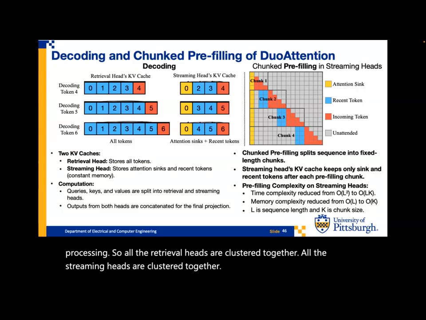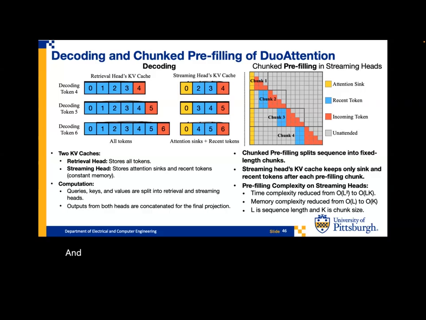In the decoding stage, retrieval heads use full attention. For the streaming heads, we use the attention sink plus the recent tokens.